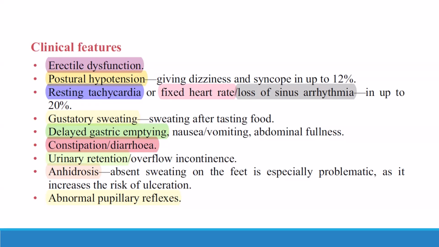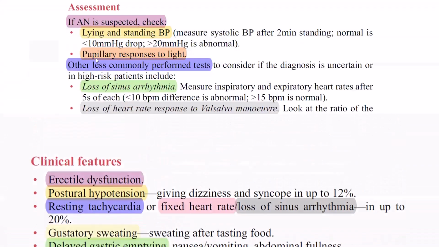It may also present with delayed gastric emptying causing nausea, vomiting and abdominal fullness, constipation or diarrhea, urinary irritation or overflow incontinence, and anhidrosis, in which the patient has absent sweating on the feet, which is especially problematic, causing increased risk of ulcers, and abnormal pupillary reflexes.